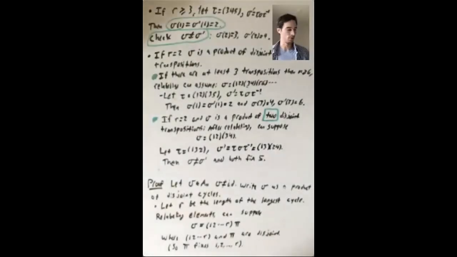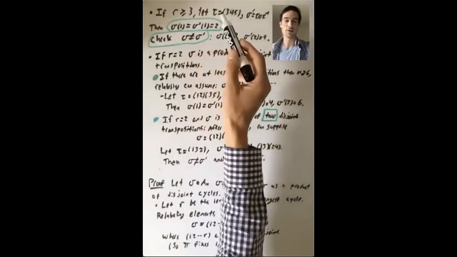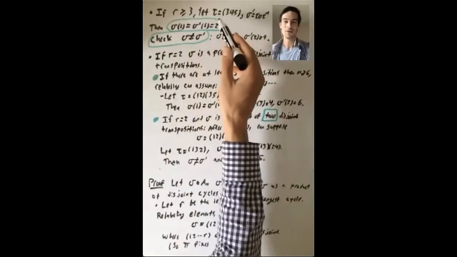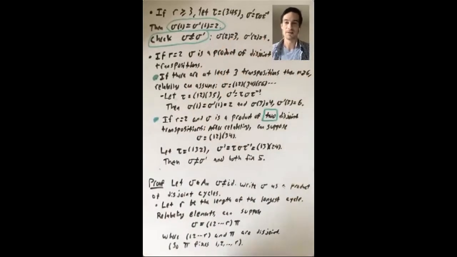Let's finish this proof. We've written sigma as a product of this one r-cycle (1 2 ... r) times some permutation pi that doesn't move any of the elements from 1 up to r. If r is at least 3, let tau be the permutation (3 4 5). Then let's take sigma prime to be the conjugate of sigma by tau, so sigma prime equals tau sigma tau inverse.